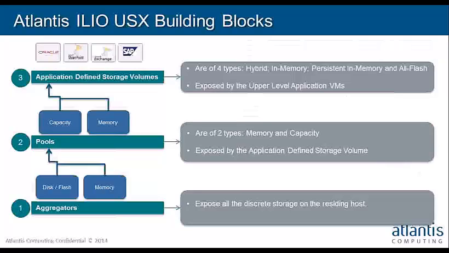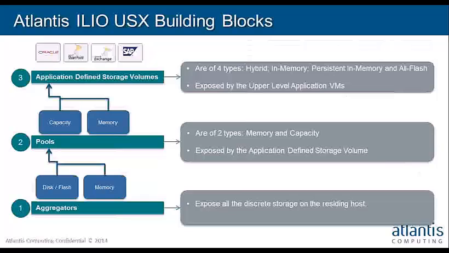Application-defined storage volumes are actually talking to the upper layer application VMs via NFS or iSCSI export, and the ADS volumes can be of four types: hybrid, I'll talk more about what hybrid really is, in-memory, persistent in-memory, and all-flash.